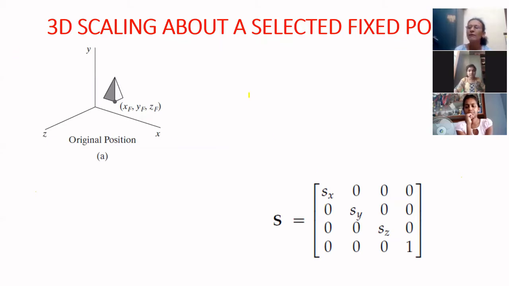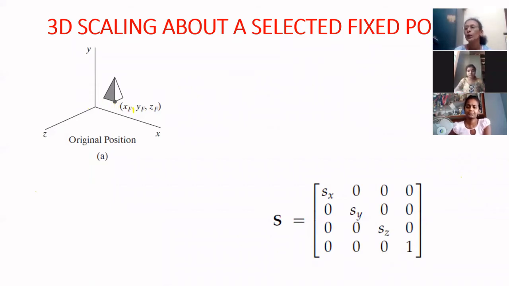That means if you apply this scaling matrix to any point in the coordinate system, the object is going to move away from the origin; no point is going to remain in the same place. Whereas what we want is 3D scaling about a selected fixed point. We want this point Xf, Yf, Zf to remain in the same position.